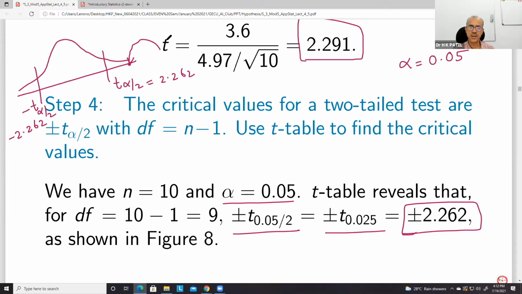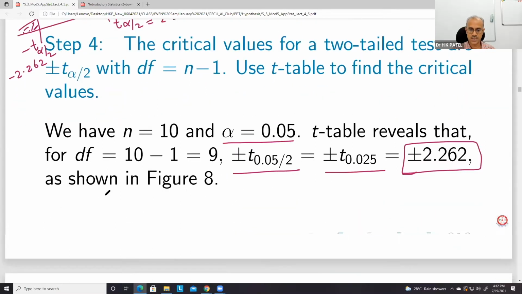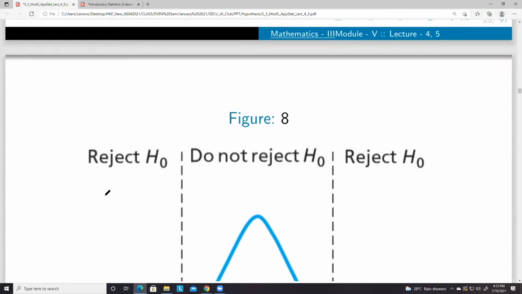So you can see that T value is greater than T alpha by 2, and therefore these are the rejection regions. These are the rejection regions, and therefore we reject the null hypothesis in this case.